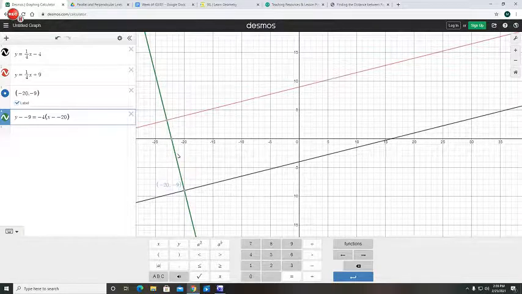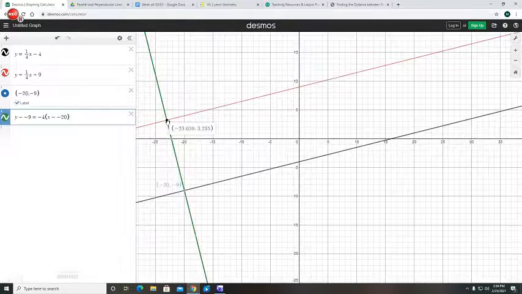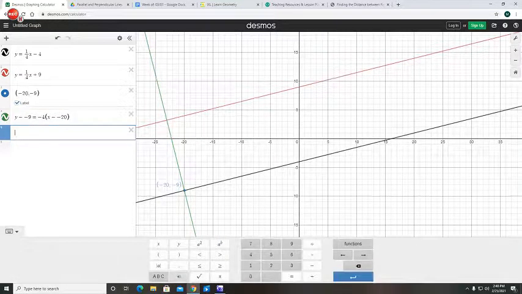So there's my perpendicular line, and you can see this point right here. That point is the point of intersection for this red line. In other words, from this point to this point, that's how far my black line is from my red line. So I'm going to record that point over here.